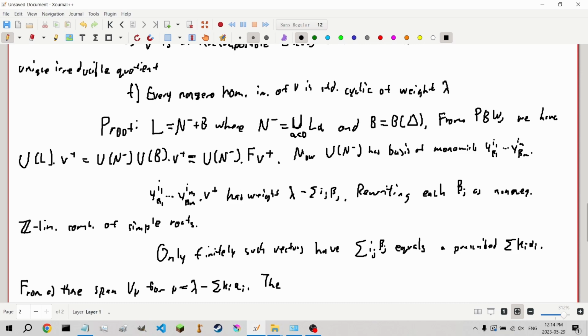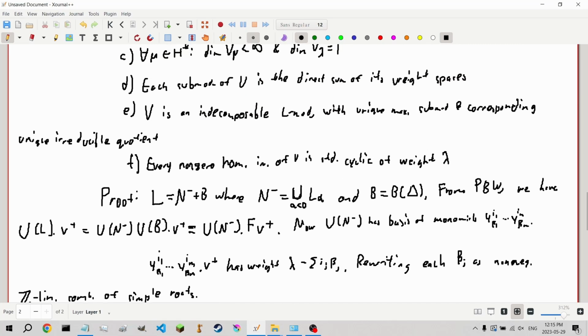The only such vector with weight mu equals lambda is v plus, which gives us part C.